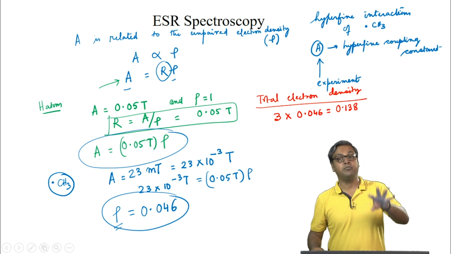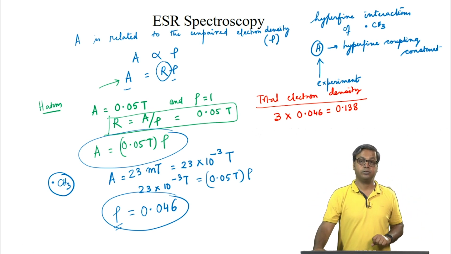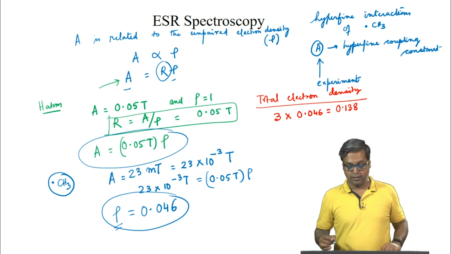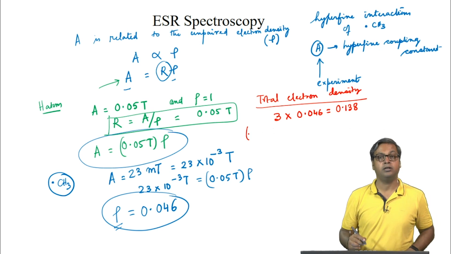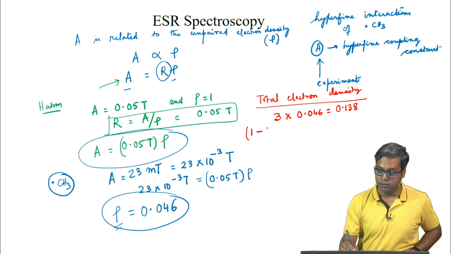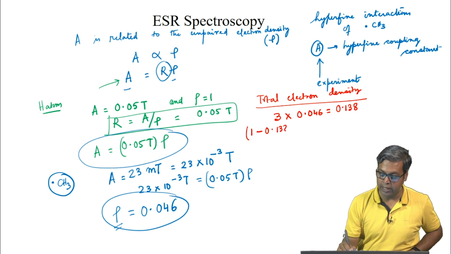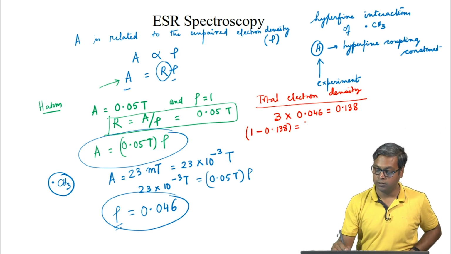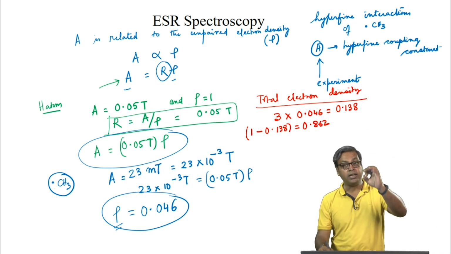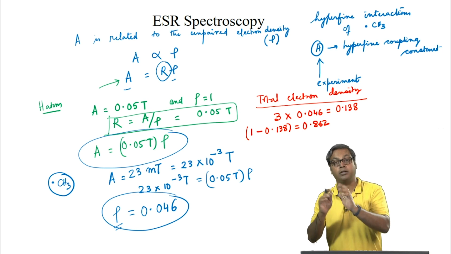This is because in the methyl radical there are 3 protons, and the remaining density, that is, if the total density is 1, then 1 minus 0.138 equals 0.862. So, this remaining density is on the carbon atom.